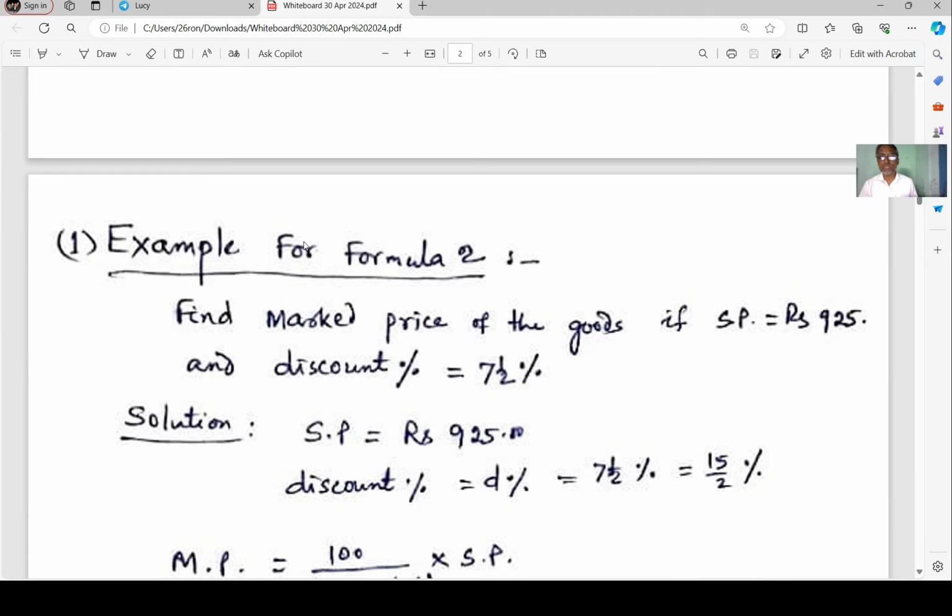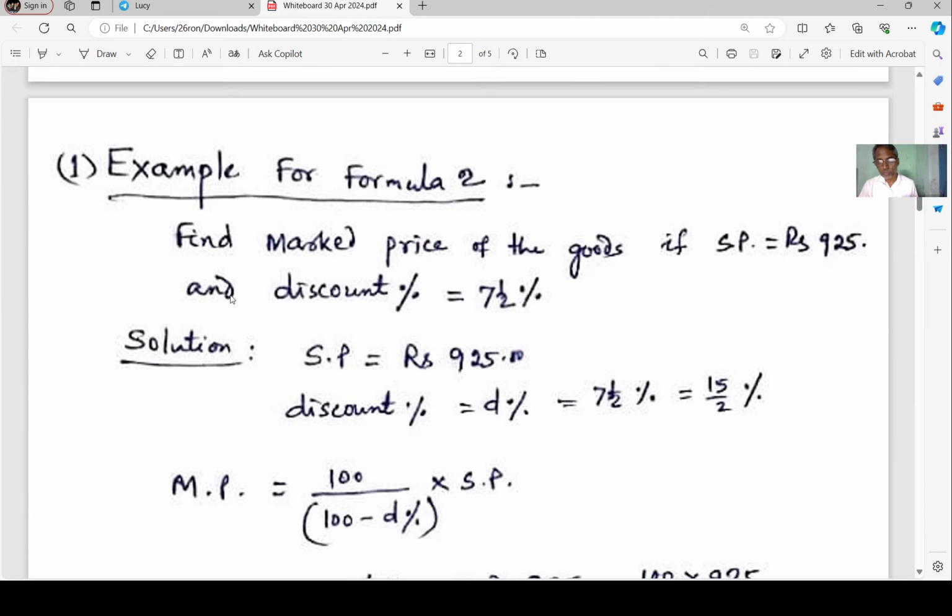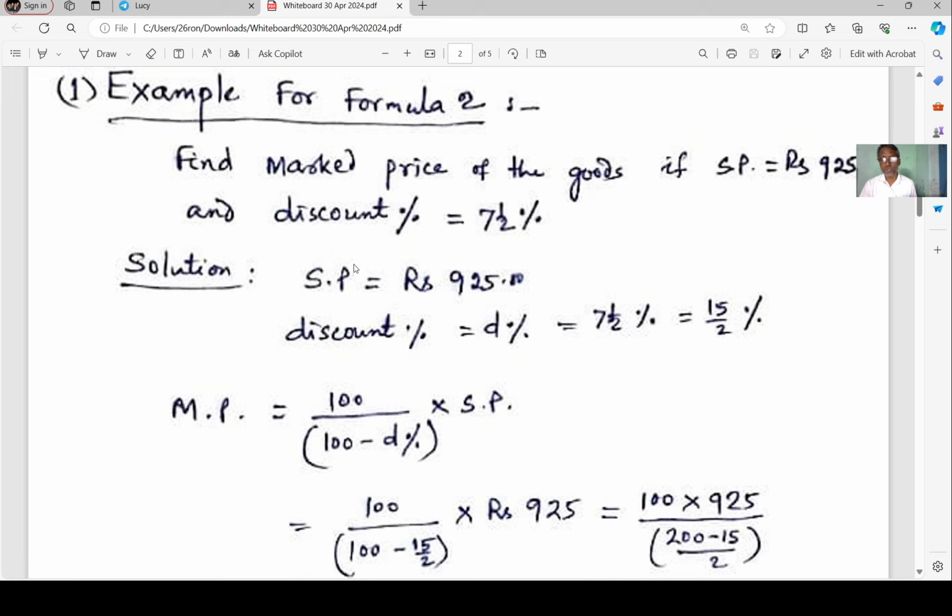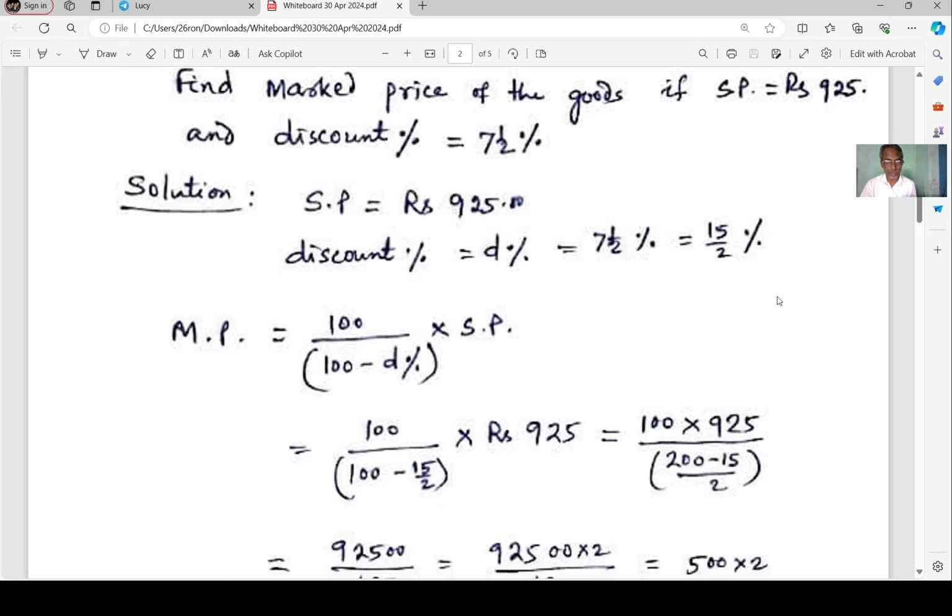Example 1, this is for formula 2. Find marked price of the goods if sale price is rupees 925 and discount percent is 7.5%. Solution: sale price is 925 rupees, discount percent or D percent equal to 7.5% or 15 by 2%.